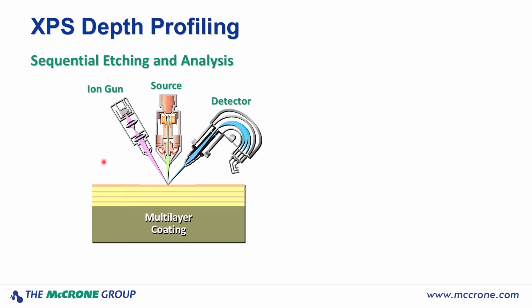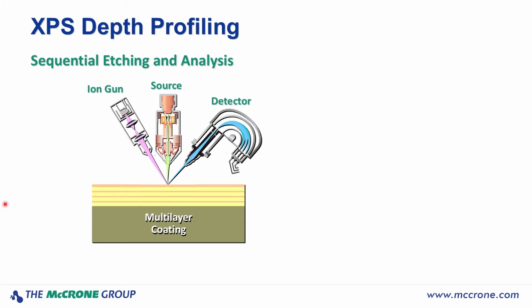This is a generic diagram showing that you have a source irradiating your sample, a detector to detect your signal coming out, and then what you're going to add for this experiment is an ion gun to etch into this material. In this case we have a multi-layered sample, and we're only analyzing the exposed layer on the surface.